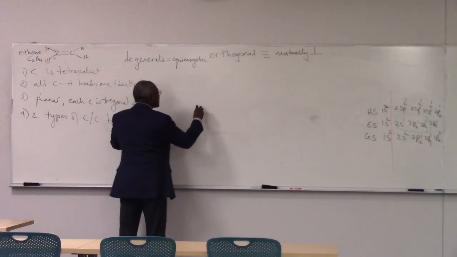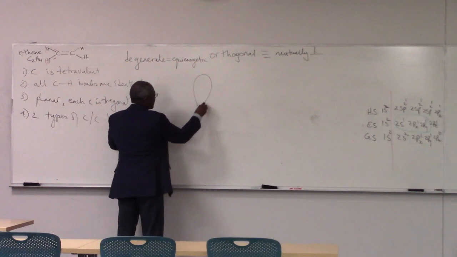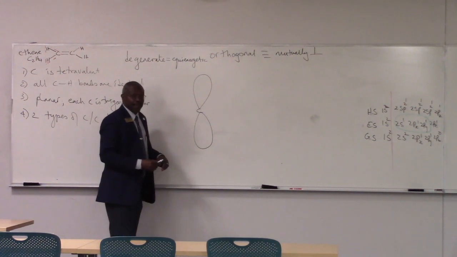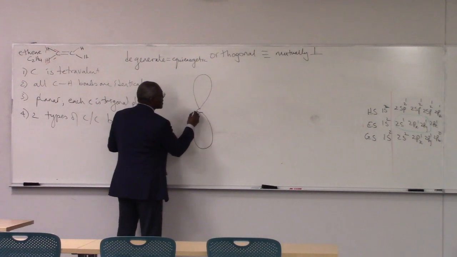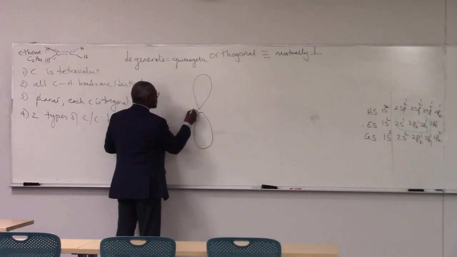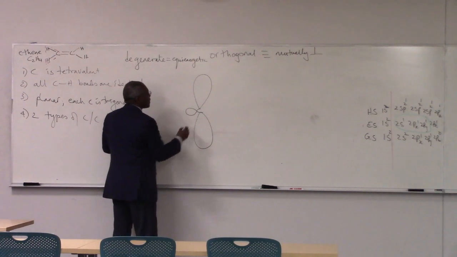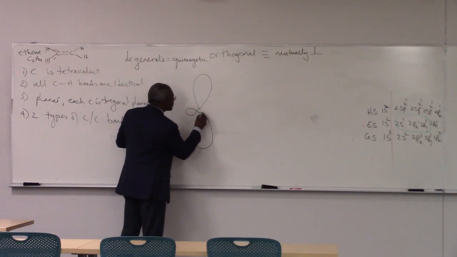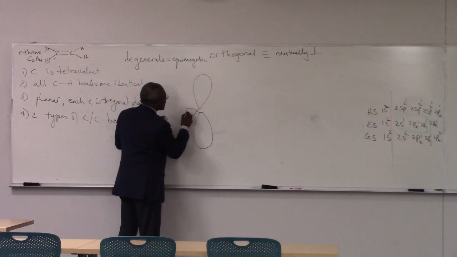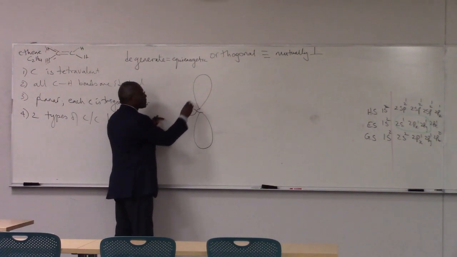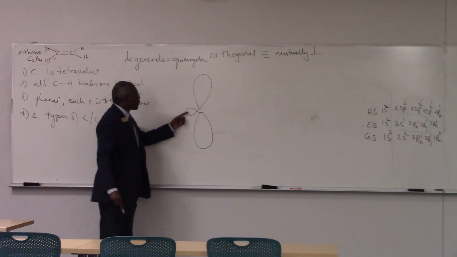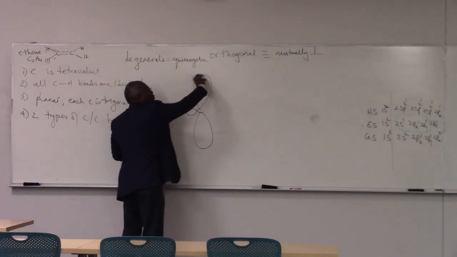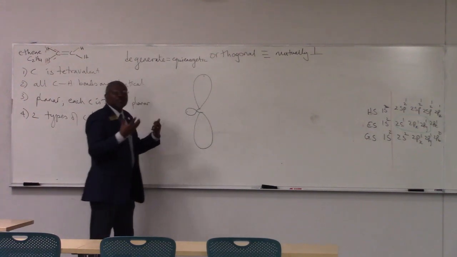So I have an electron in a p orbital, and then I have electrons in sp2 hybrids. Clearly, that sp2 electron is closer to the nucleus than that p electron, picking the swell as the region where the electron is most likely to be.